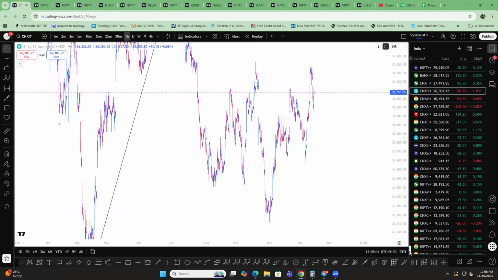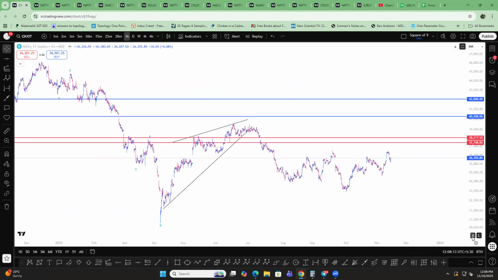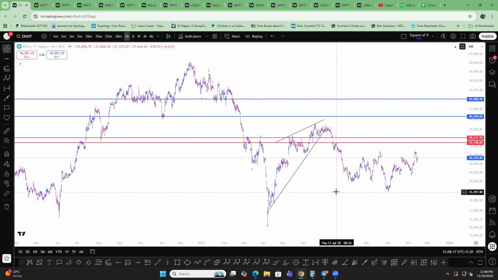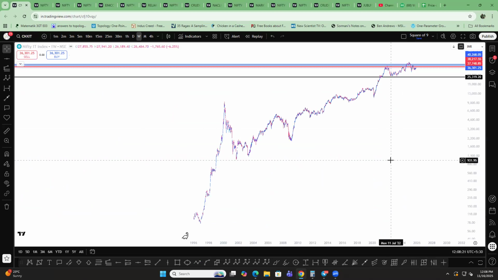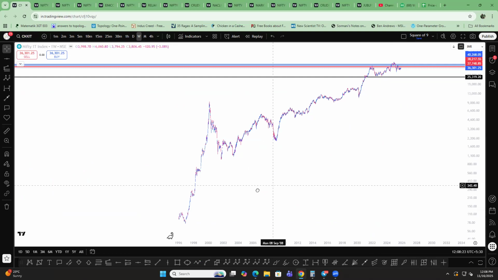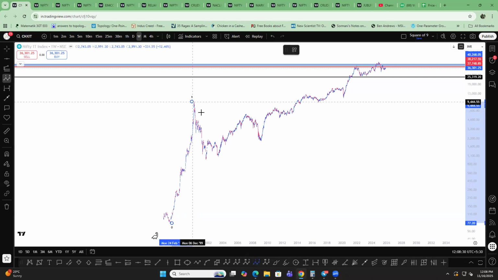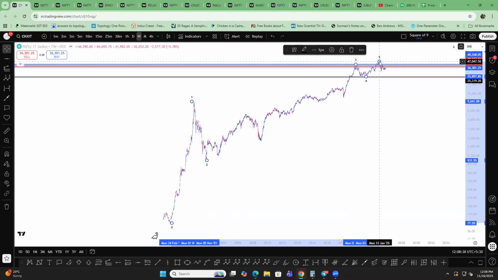Having this in mind, let's start with everyone's favorite, the IT index. In Nifty IT, if we see in a larger frame, this is wave 1. Let's mark it. This is wave 1, this is 2, this is 3, 4, and 5.